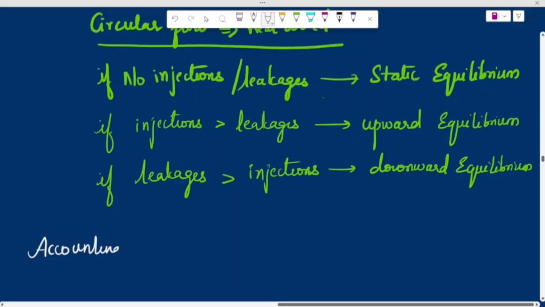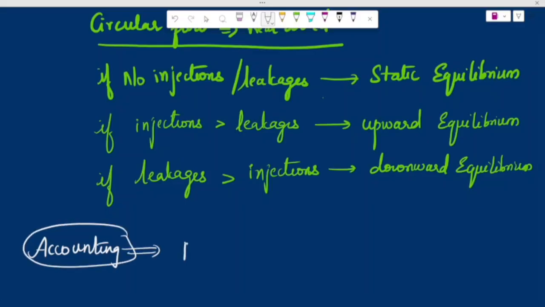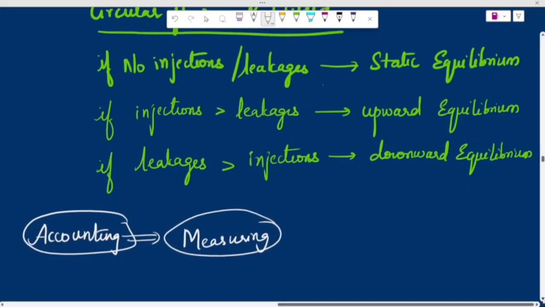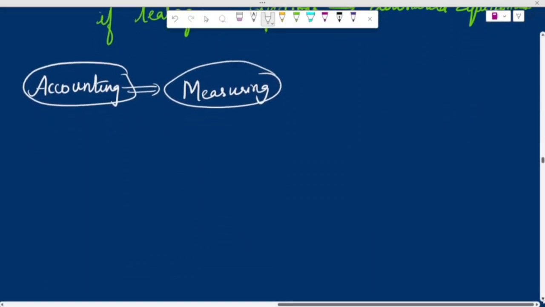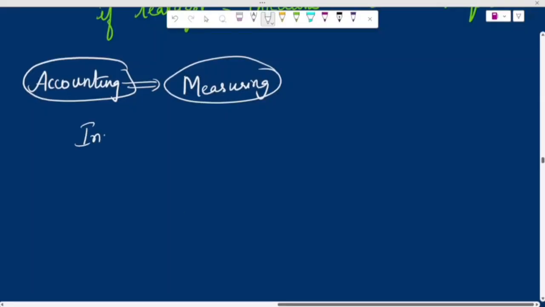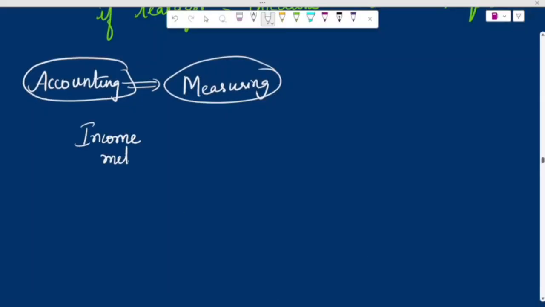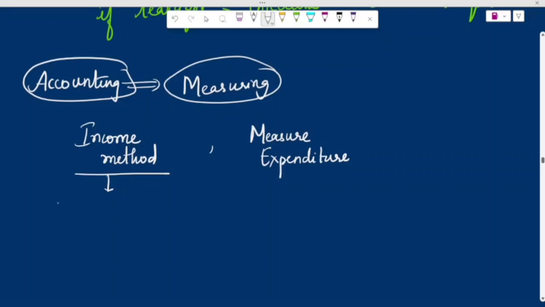Accounting is nothing but measuring, right? So how to measure the national income? We have seen that if you measure the incomes which are given for factors of production, then it is called the income method. And if you measure the expenditure done by the households to buy goods and services, it is called the expenditure method. Okay. So the income method is a measure of incomes of all households in the economy.